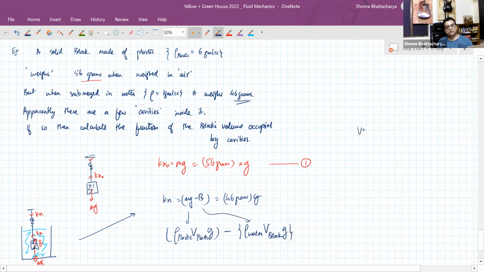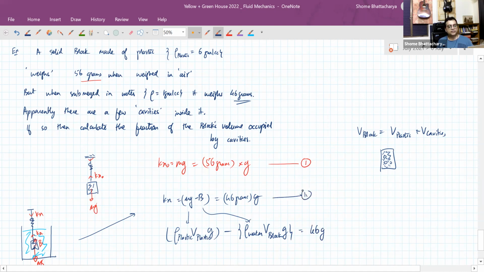Why? Because the total volume of the block will be the actual volume of plastic plus the volume of cavities. Imagine inside it's got some cavities which we can't see from outside. So the actual volume of plastic is only this, the total minus the volume of the cavities. So this is equal to 46 g, taking CGS units, and compare this with this.